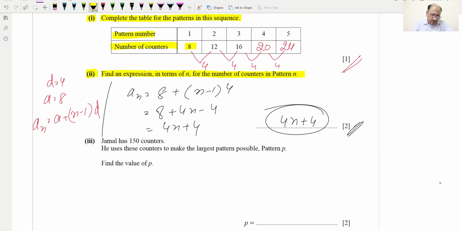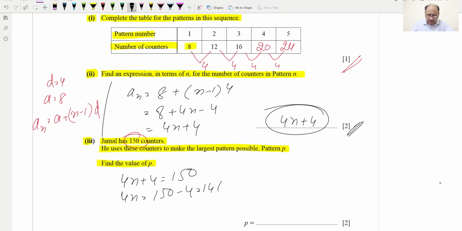Now part number 3, Jamal has 150 counters. He uses the counters to make the largest pattern possible, pattern P. Find the value of P. So for the largest possible pattern, total counters are 150. The same nth term formula we will use, 4n plus 4. We will check for 150. So 4n is equal to 150 minus 4, which is 146.